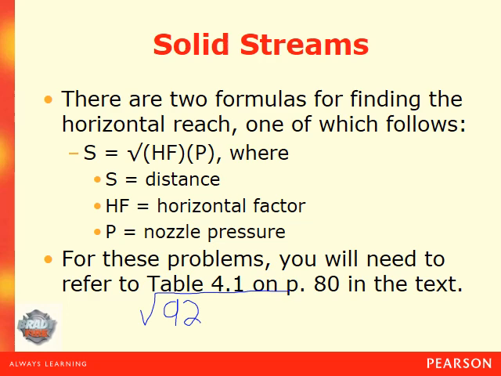Now, our pressure is 40 psi. So to figure out our horizontal reach, we first need to multiply 92 times 40. So 92 times 40 equals 3,680.